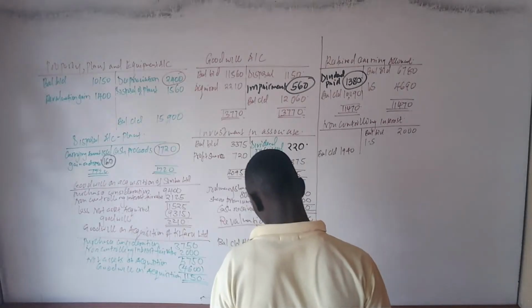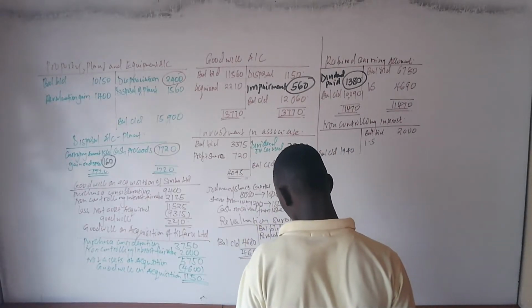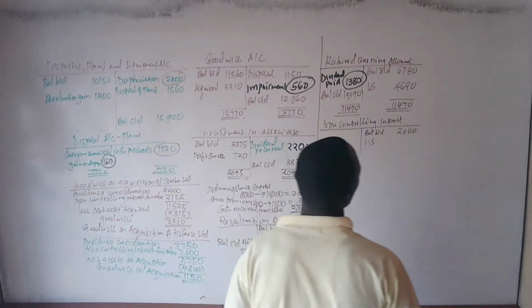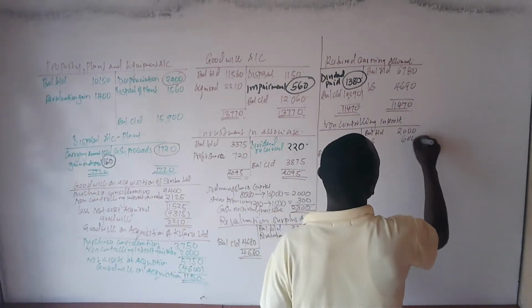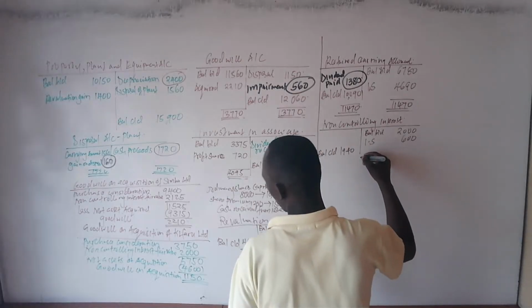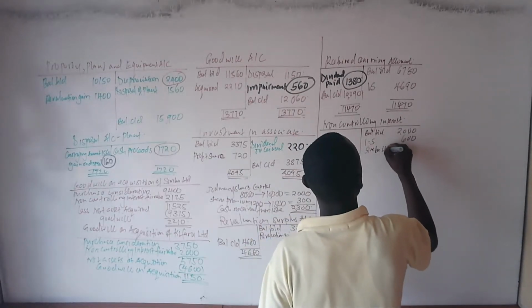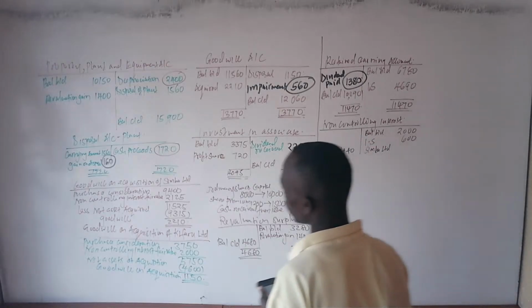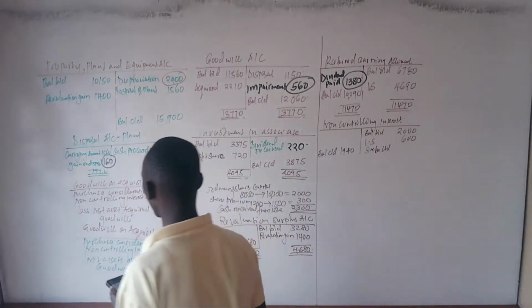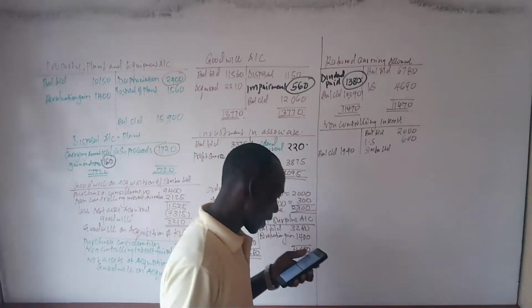Then income statement, we had 600, isn't it? Then we acquired Simba Limited. So take the net assets multiplied by the share.